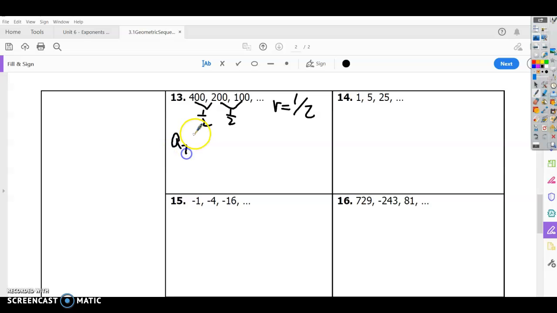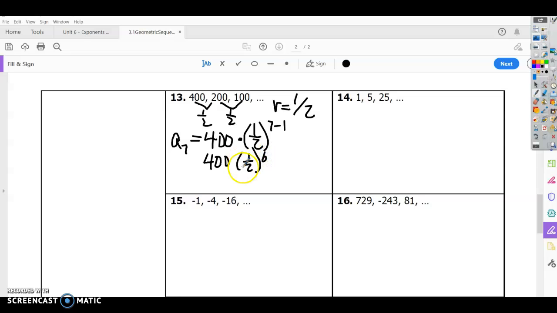So we're going to do a subscript 7 equals our first term times our common ratio raised to the n minus 1, and then to find the 7th term would be 400 times 1/2 to the 6th.